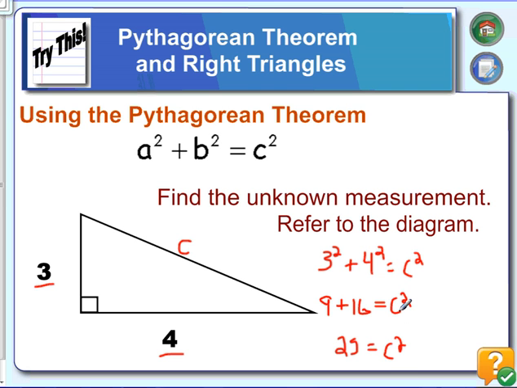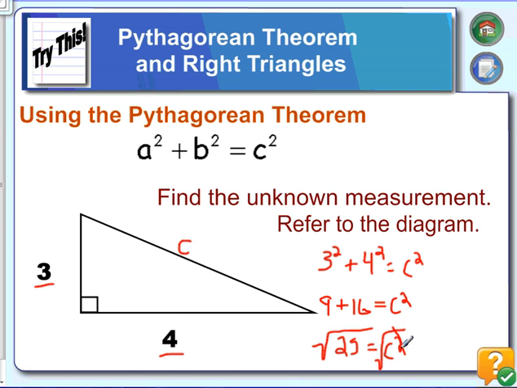The opposite of squaring a number is finding the square root, which is why we went over square roots in the last video. So we need to find the square root of both sides. That cancels out both the square root and the squared. For example, the square root of 3 squared is 3, because 3 squared is 9 and the square root of 9 is 3.